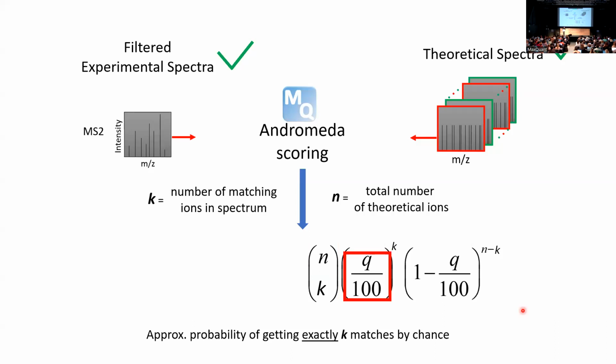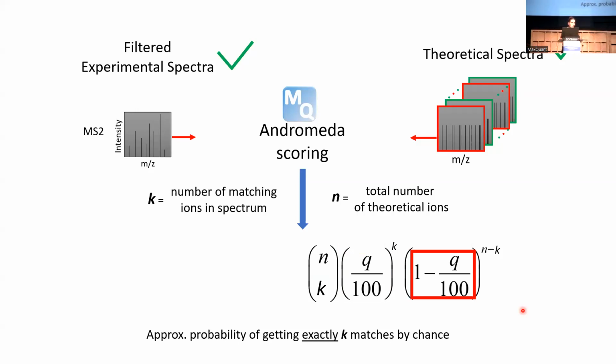Then we have Q divided by 100, which is the probability of getting a random match, and then 1 minus that probability, which is the probability of not getting a random match. So that was the probability of getting exactly K matches by chance.